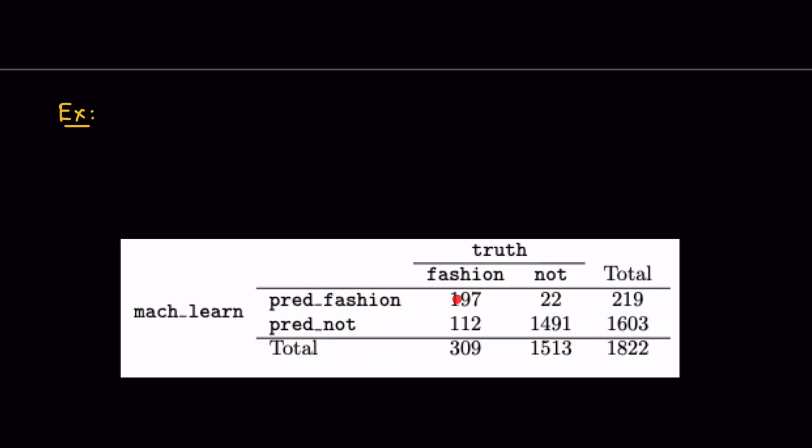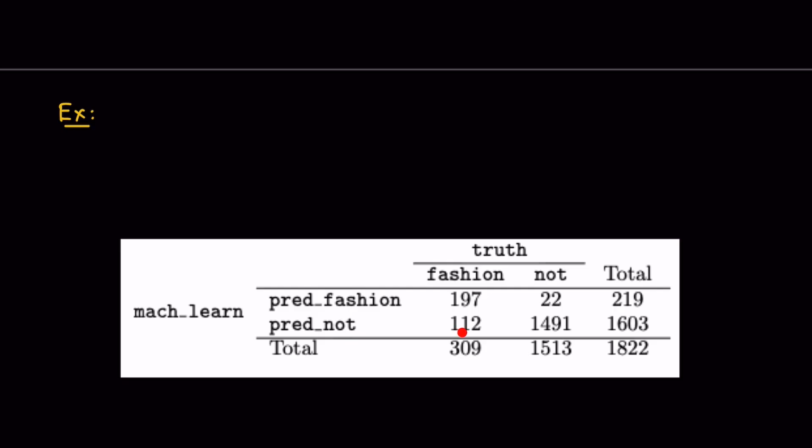And you see that there are 197 photos that are predicted as fashion by the machine learning model and turn out to be actually about fashion. There are, of course, 22 photos that are predicted to be fashion by the machine learning system, but turn out they are not about fashion.